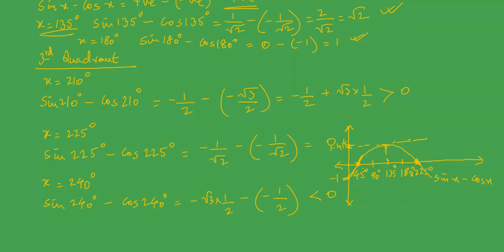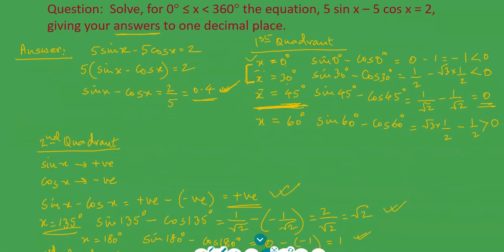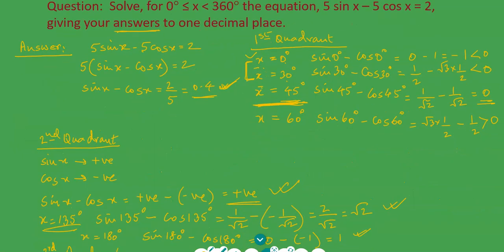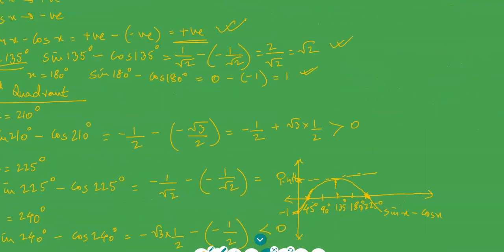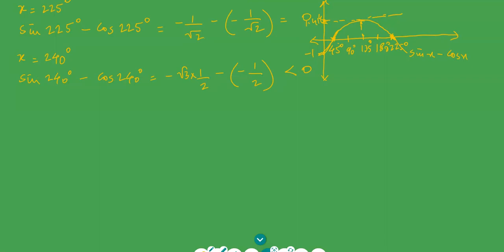Now we come back to our expression, which was sin x minus cos x equal to 2 over 5. So now it is very simple. Sin x minus cos x is equal to 2 over 5.